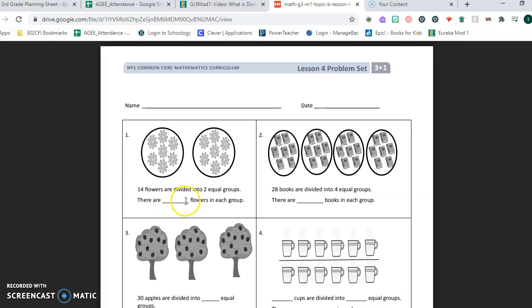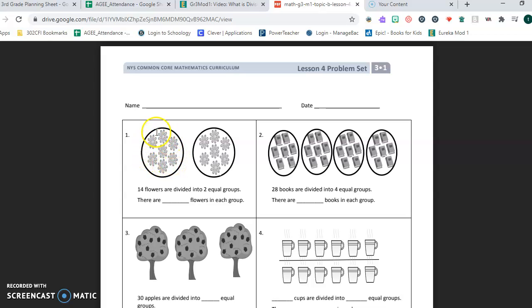There are blank flowers in each group. Okay, so let's think about what's going on here. We've got a total or a product of 14, and we're dividing by 2 groups. The thing that we don't know is how many are in each group.